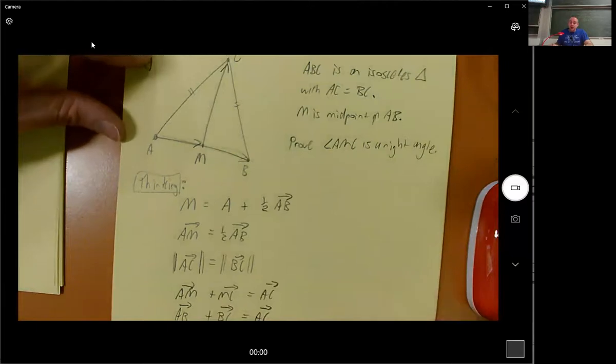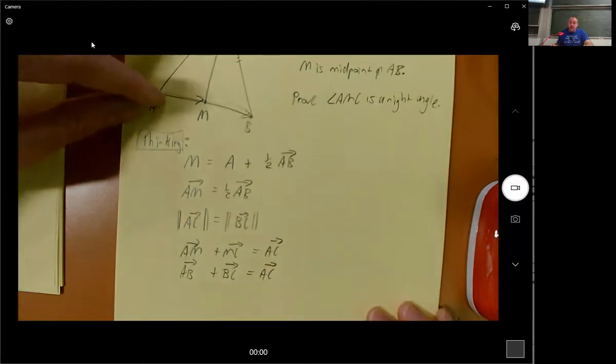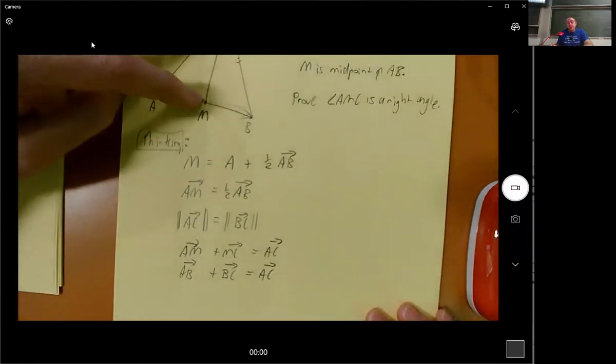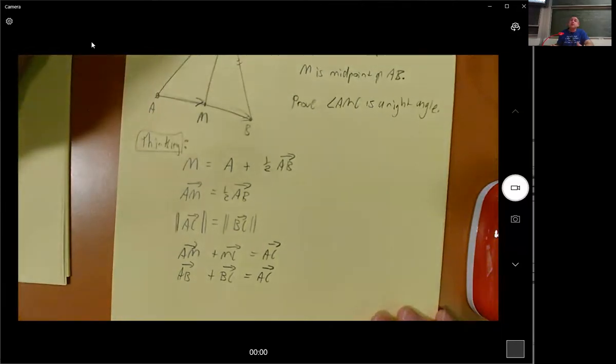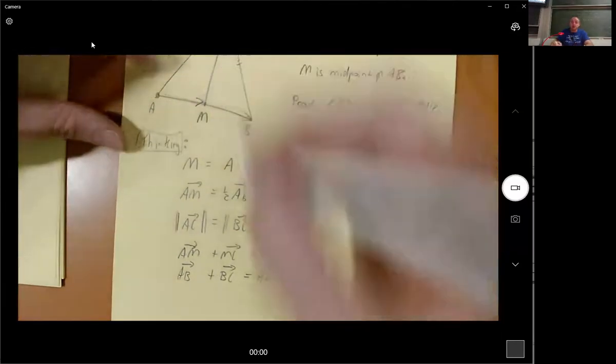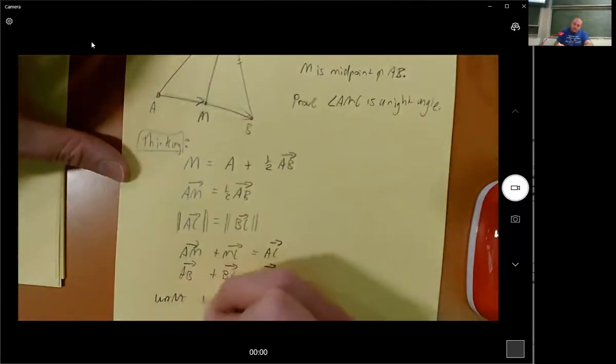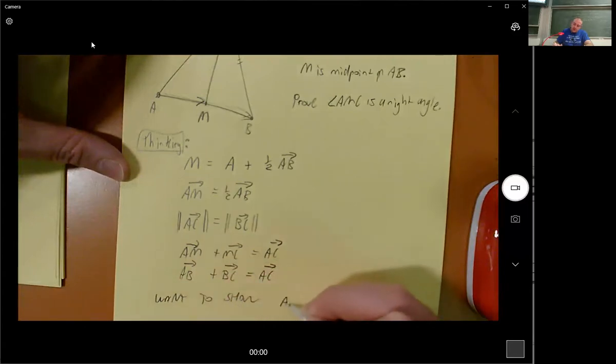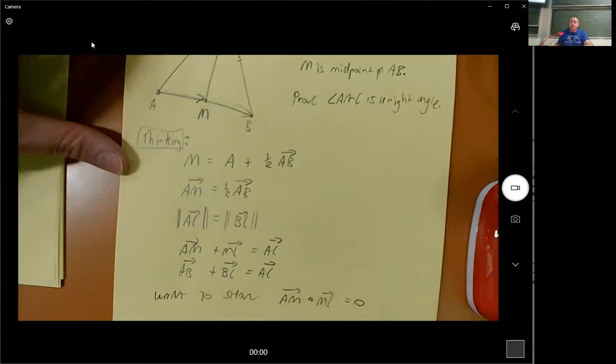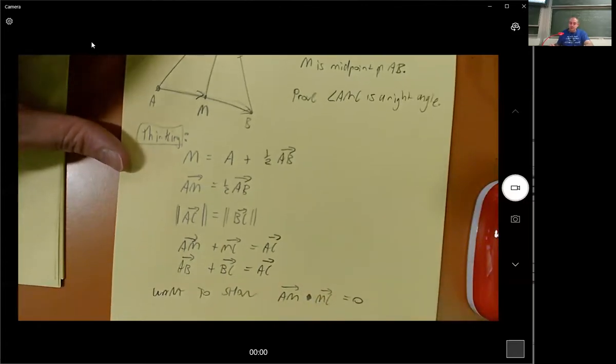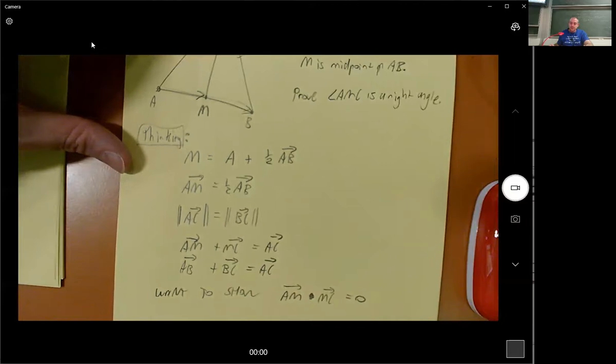Okay, so what I would like to do is prove that AB, or possibly AM, dot with MC is 0, because that would make a right angle here. So I want to show that AM dot with MC is 0. That's what I want. Okay, I'm just going to give it a go.